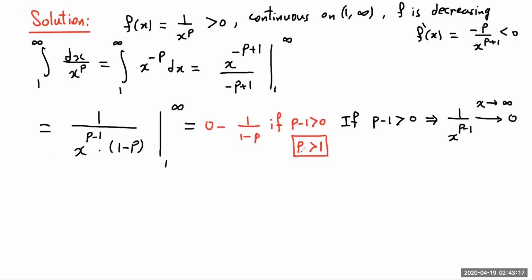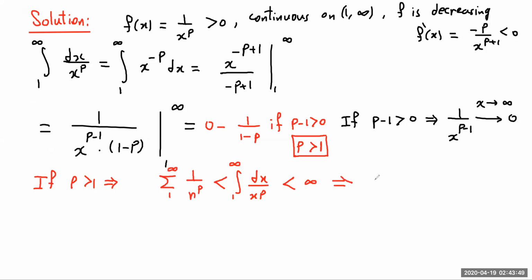So in this case, only the integral converges. If b is bigger than 1, then this integral from 1 to infinity dx over x power b converges, less than infinity, but this integral is bigger than the sum of 1 over n power b from 1 to infinity.